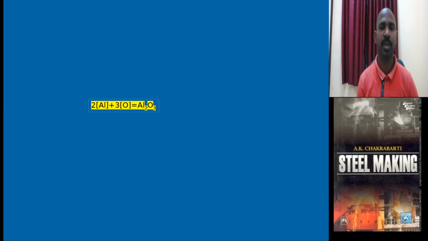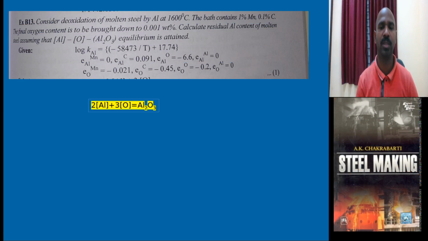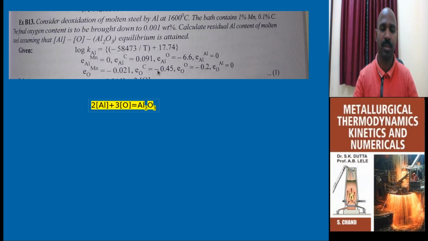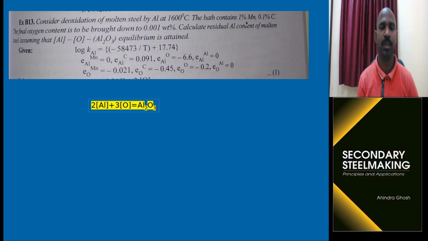The problem is: consider the deoxidation of molten steel by aluminium at 1600 degrees Celsius. The molten metal bath contains 1% of manganese, 0.1% of carbon, and the oxygen brought down by the addition of aluminium was 0.001.